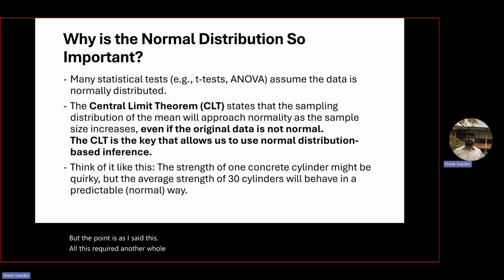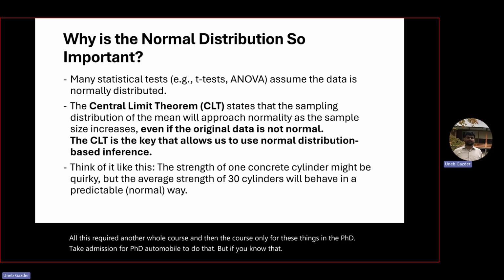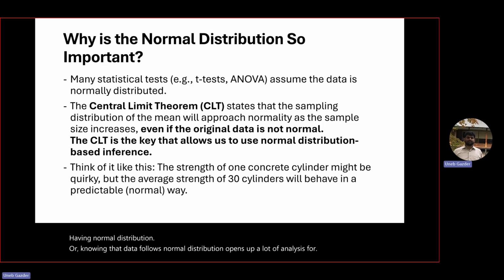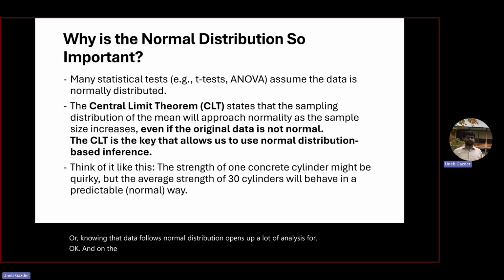But the point is, as I said, all this requires another whole course. There is a course only for these things. If you take admission for PhD, you will have a whole course about statistics and probability. So the point is, knowing that data follows normal distribution opens up a lot of analysis for you, and on the basis of that analysis, I can make a lot of inferences about the data.